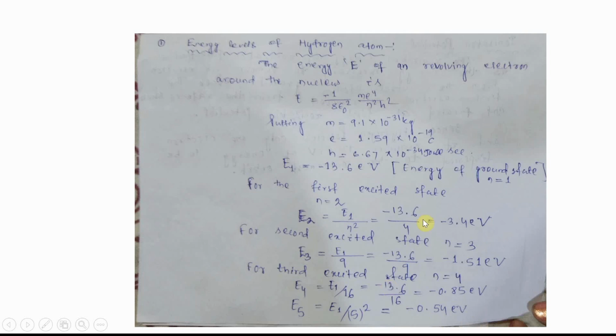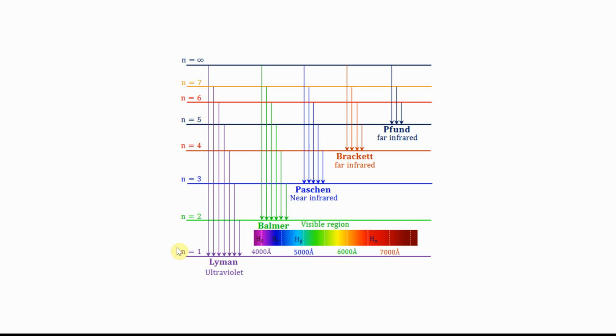So you can just imagine here for n equal to 1 the energy is minus 13.6 eV, here the energy is minus 3.4 eV, and like that it will continue.